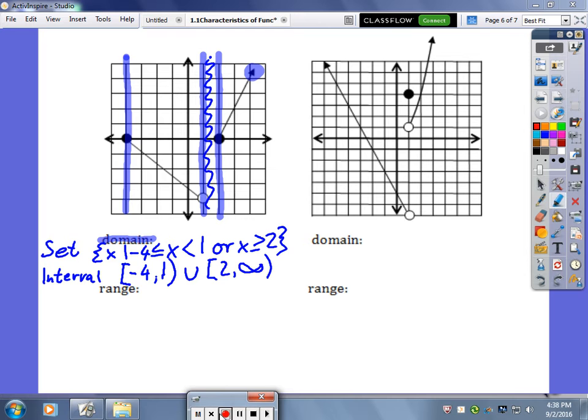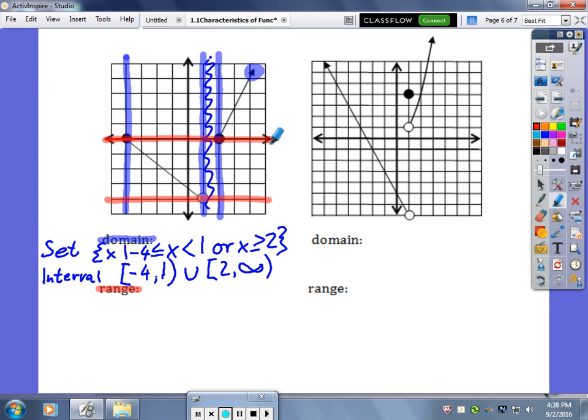The range also looks a little complicated at first, but let's go through it step by step and we'll see that it's actually not that bad. We start down here. That seems to be the lowest value of our curve, although again with the open circle, the value itself is not part of the range. From there we keep going upwards, and then we get to this point, where we see that we have a closed circle.